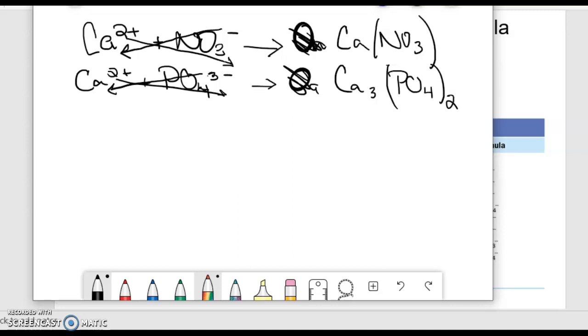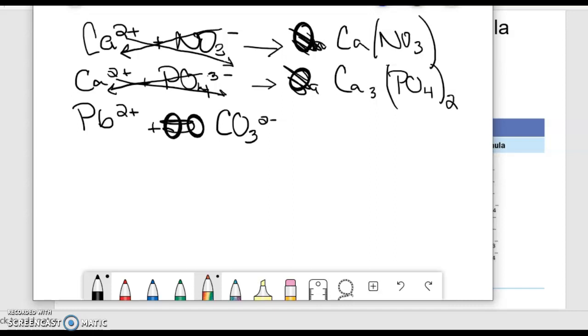We'll go Pb 2 plus and CO3 2 minus. Ignore these marks. For some reason it keeps defaulting to that. All right, so lead can be lead 2 or lead 4. That's one of your transition metals, and that's something that you're going to need to start remembering. And then this is a polyatomic ion, carbonate.